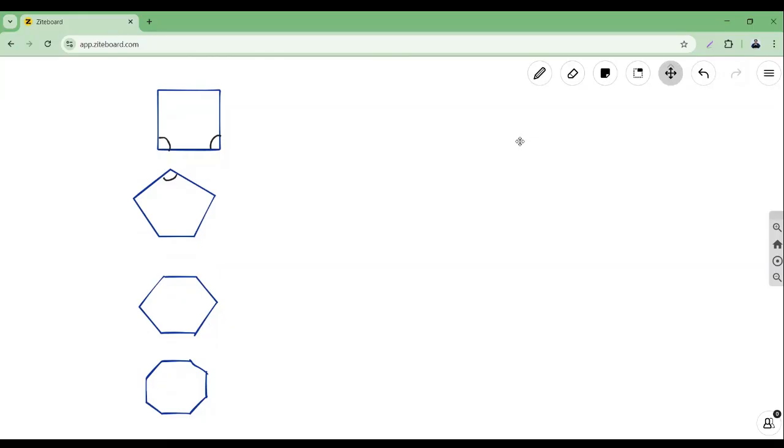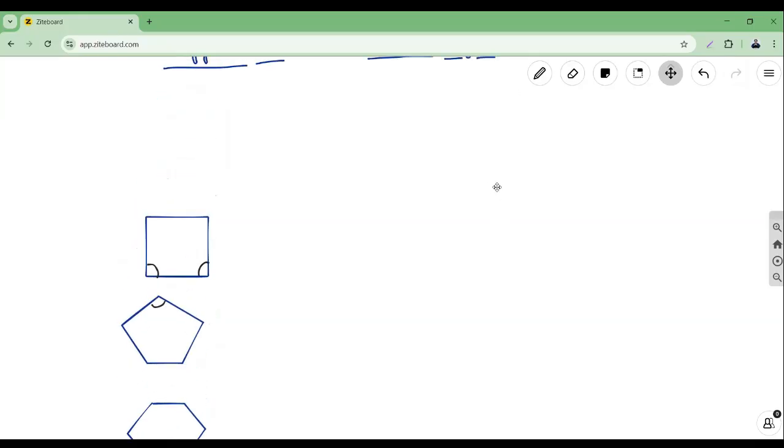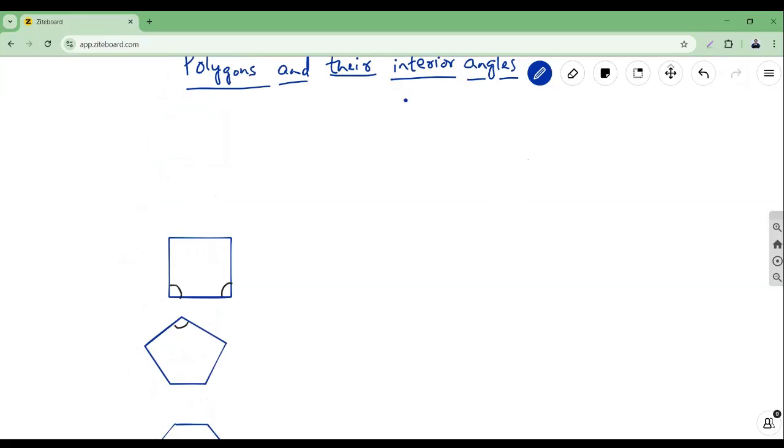However, you can take irregular polygons also; that's not a problem here. And one more thing, I have taken convex polygons. That means all the interior angles are always acute or obtuse, but not reflex. Important is that they're all convex polygons. That is one of the things that you have to understand.